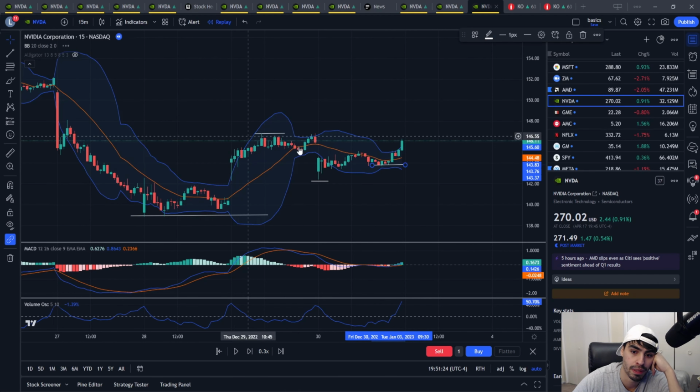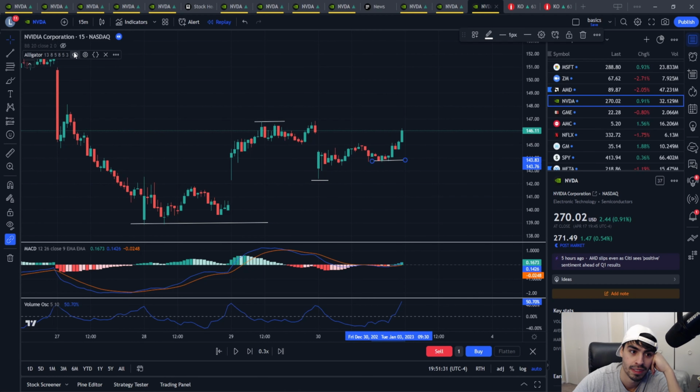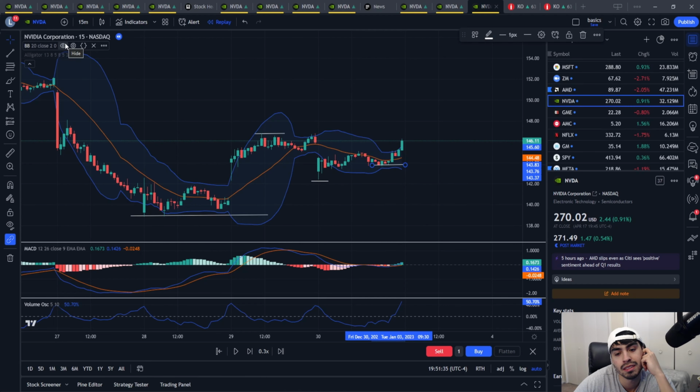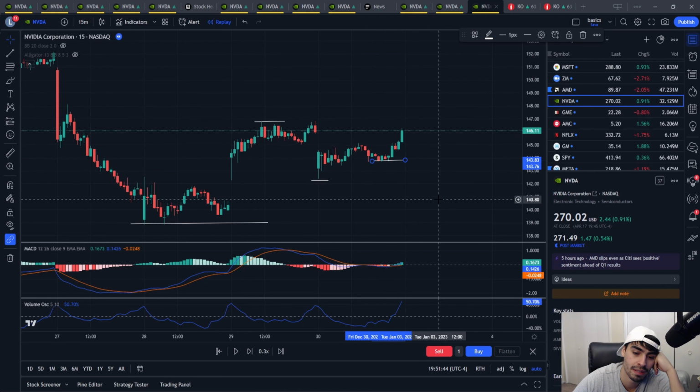Bollinger Band might help, and I might explain why. No, at least not right now. Come on, Bollinger Band, help me out. Okay, so my current thoughts are, it's kind of zeroing in to somewhere in here, and I don't know if it's gonna pass this or not.